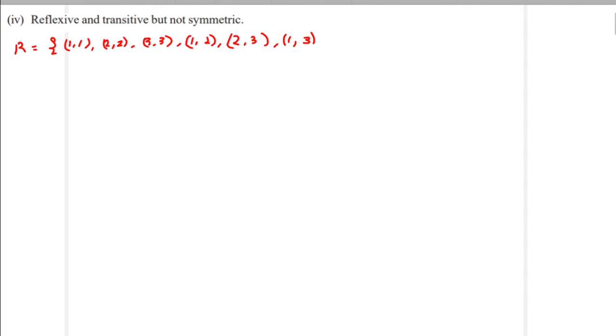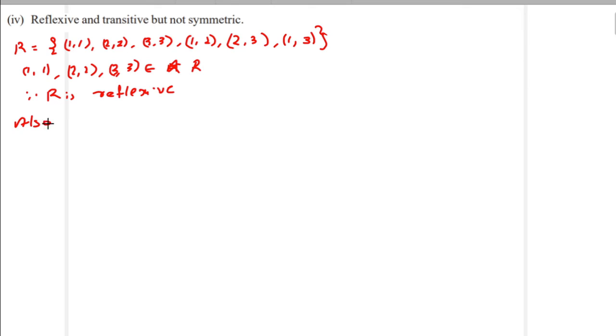In this relation here also (1, 1), (2, 2), (3, 3) belong to R. Therefore R is reflexive.